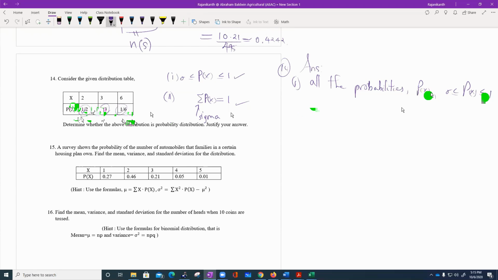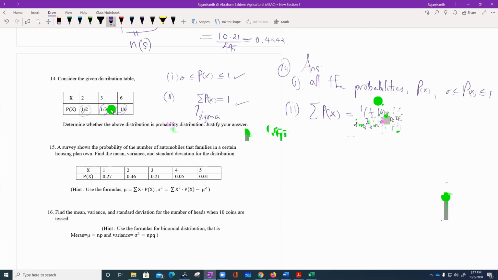Yes, because all the numbers are there. This is correct. Second one, you have to check the summation of P(x), right? That means add all possible P(x). Remember, you have three possible P(x) values: 1/2, 1/3 and 1/6. So add all three numbers, and make sure that you get exactly 1, right?